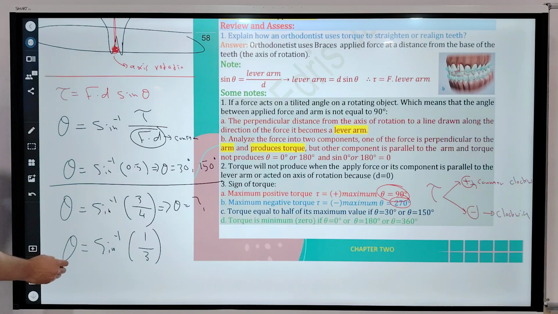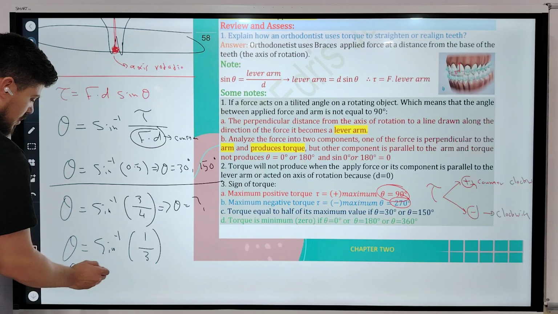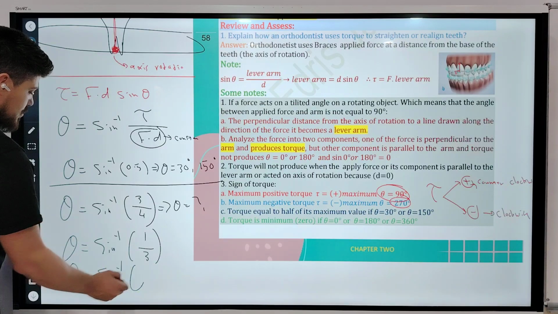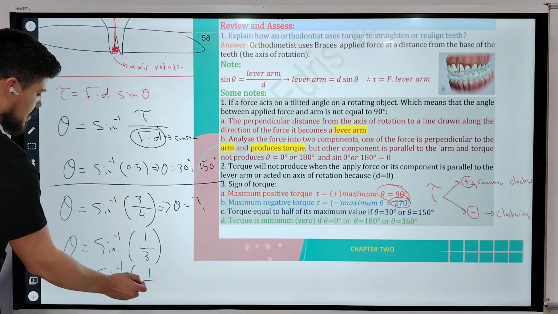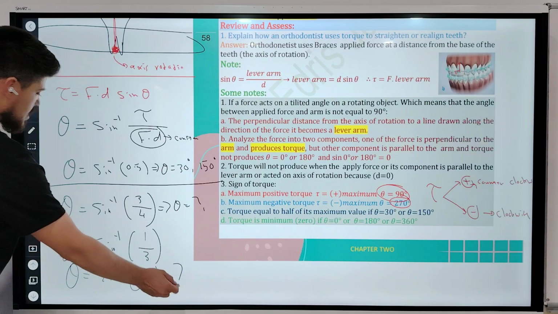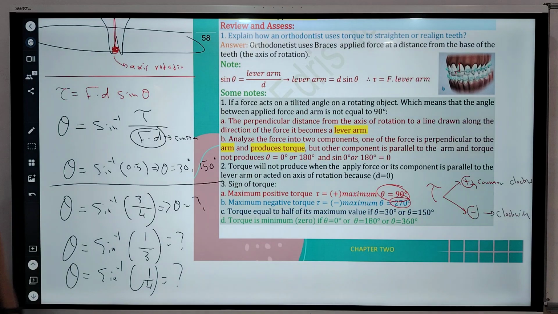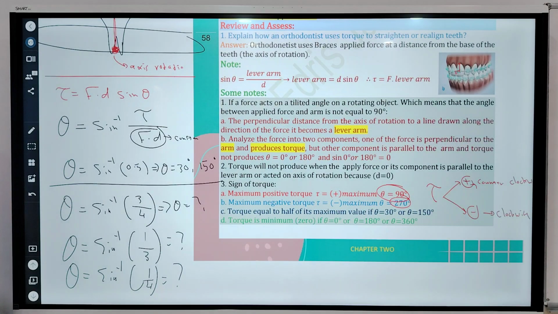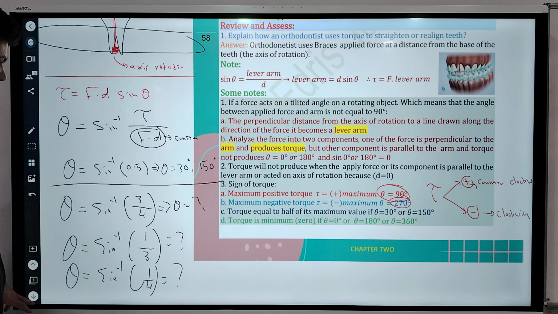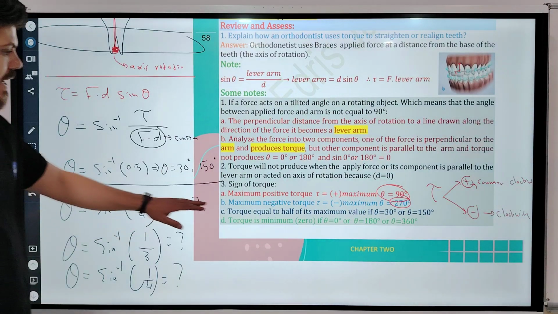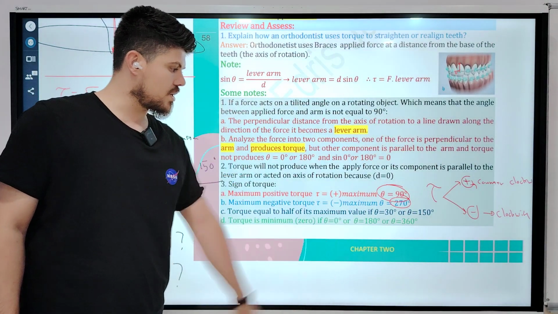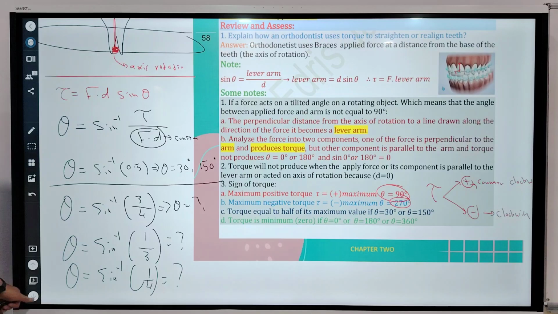When does the torque become 1/4 of its maximum value? You have to find the sine inverse of 1/4, which is equal to something. You can check on your calculator for getting this value. The torque is minimum or zero when theta is 0, 180 or 360 degrees.